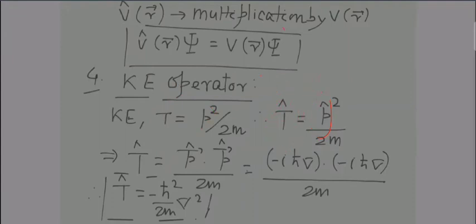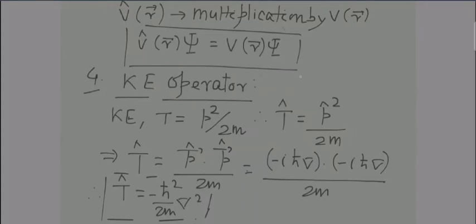In place of kinetic energy, I have put the T hat operator, and corresponding to the momentum observable, I have put the momentum operator. The observables satisfy this relation, so the operators will also satisfy the same relation, that is p square over 2m. Then after that you can apply the dot product rule.